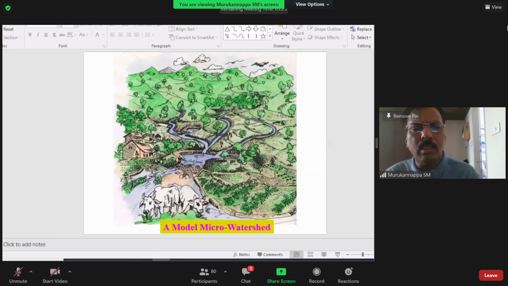Non-arable land has only tree components or some grasses that are not cultivated, but it has forestry or horticulture or some other things, as the land is not fit for cultivation.